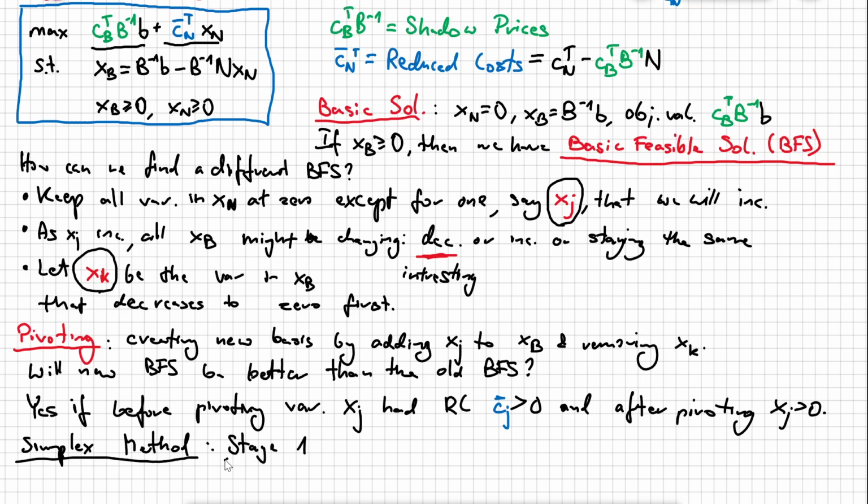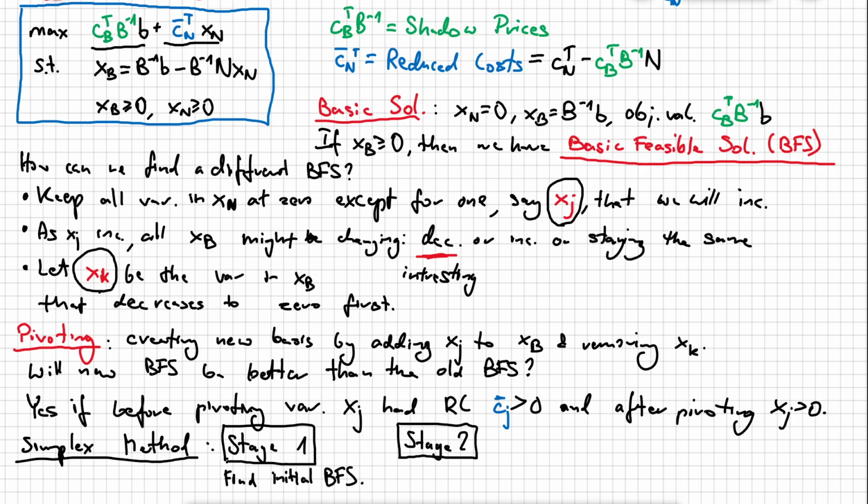Stage 1 of the simplex method is to find an initial basic feasible solution. Actually, I didn't say how to do this, but we need a starting basic feasible solution. If we have it, then we do stage 2.